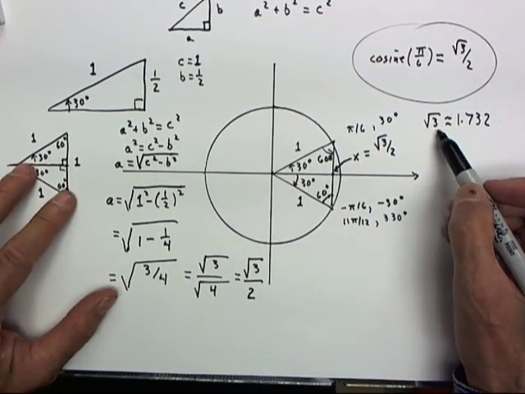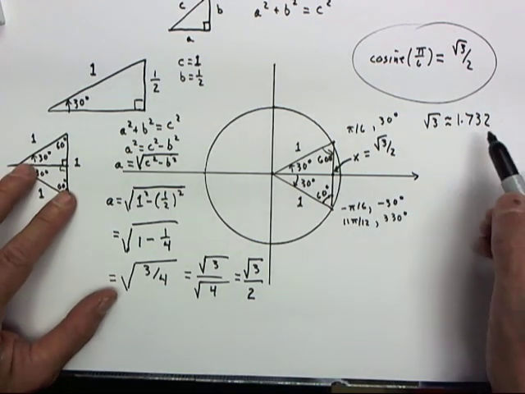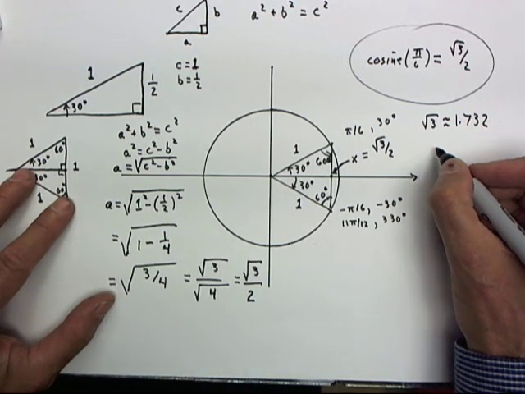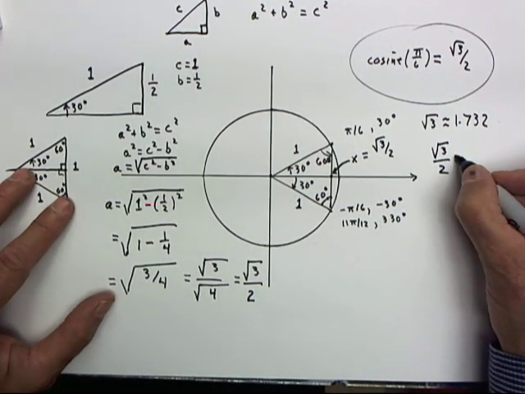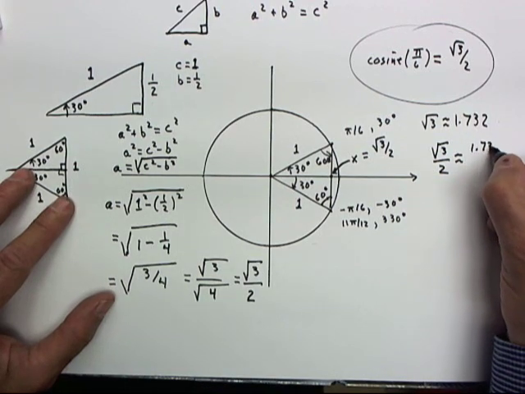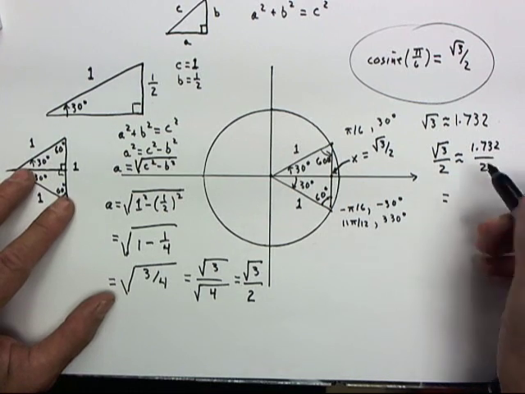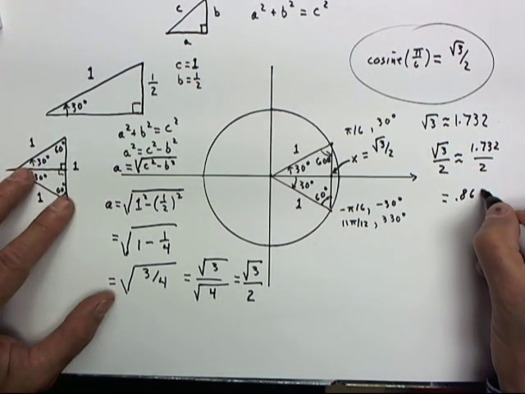Okay, this square root of 3 is an irrational number. It never ends. You can never pin it down precisely. However, square root of 3 over 2 is then approximately 1.732 divided by 2, and that's not difficult to divide out, and what you get here is 0.866.